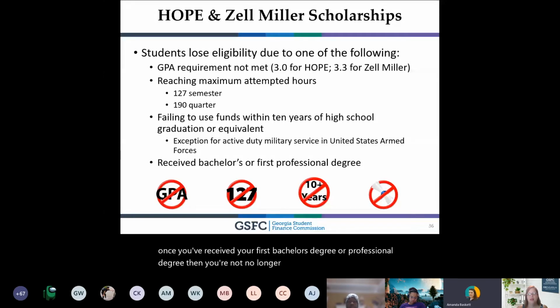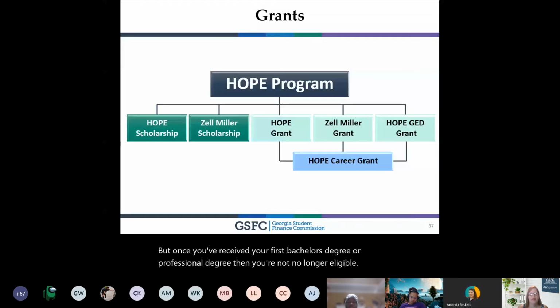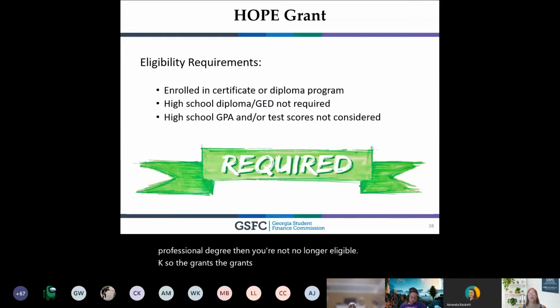Okay. So the grants are if you are working towards a certificate or diploma program. You do have to graduate from a high school or have a GED. There is no GPA requirement or test score requirement for the grant.